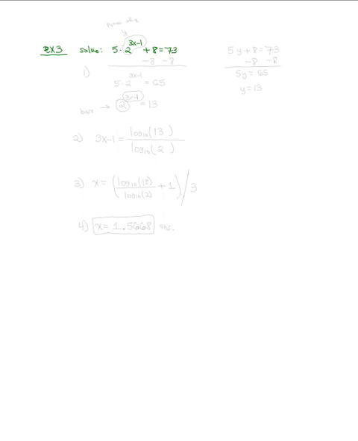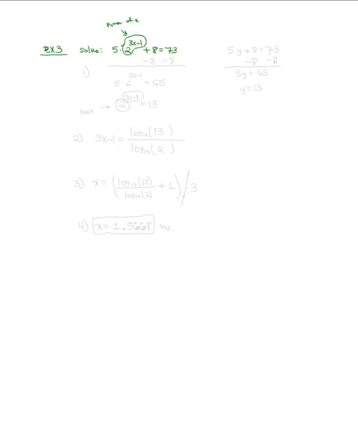So step 1 says to isolate the power of x. This is the power of x right here, the whole thing, the base of 2 along with the exponent 3x minus 1. To isolate that, we're going to have to subtract 8 from both sides and then divide by 5.